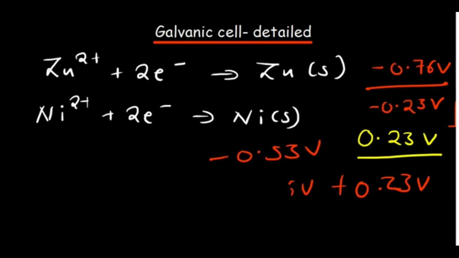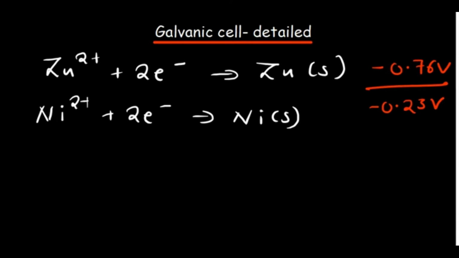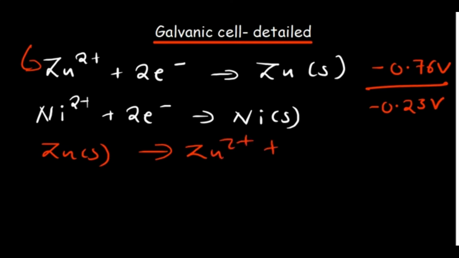Which tells us we're supposed to do the opposite instead. What are we going to do? We're going to reverse the first one. So we'll reverse the zinc reaction so that we have the solid on the left, and then we have zinc 2 plus and 2 electrons there. So what you have now is a positive 0.76. This is very important each time you are calculating the standard cell potential.